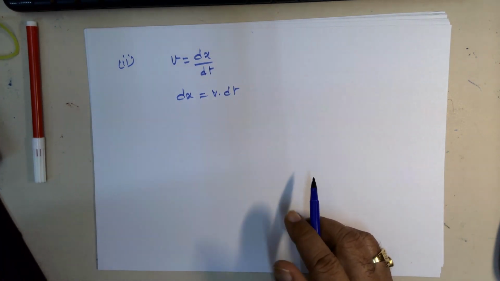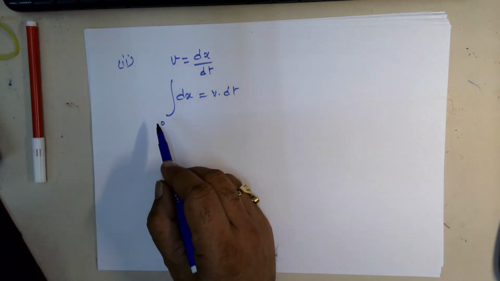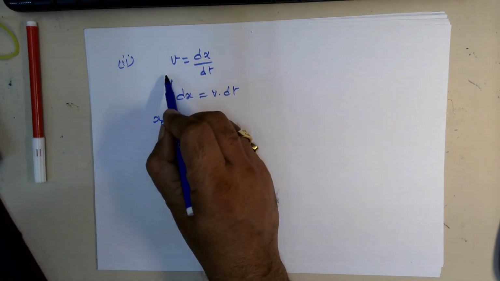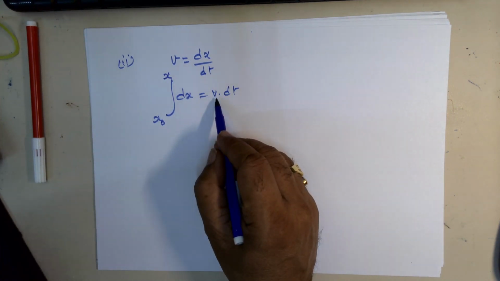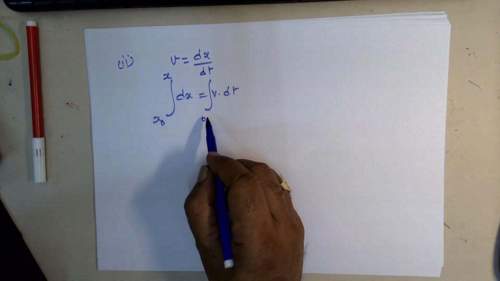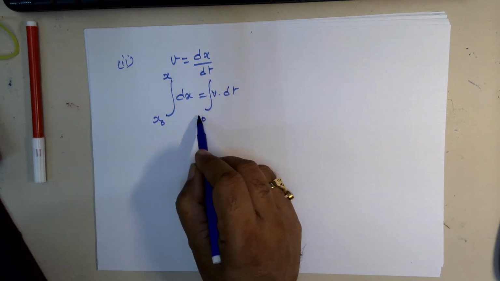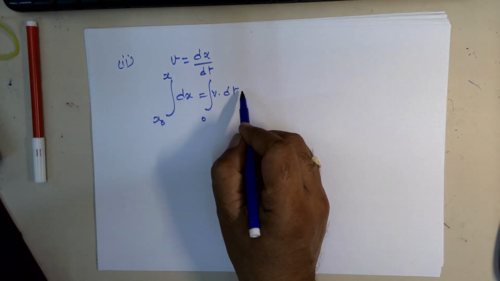v into dt. Now let us integrate between the limits, that is x0 and x. Similarly here, v into dt between the limits 0 and t. Here 0 means t is equal to 0, because we are working on the variable t only.